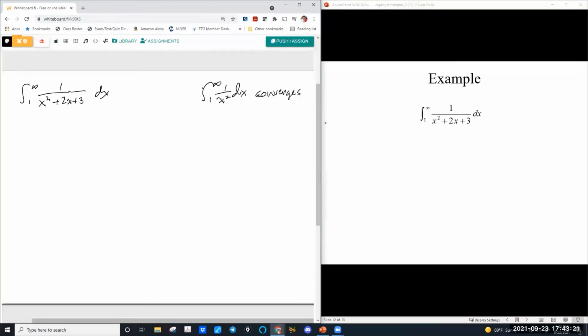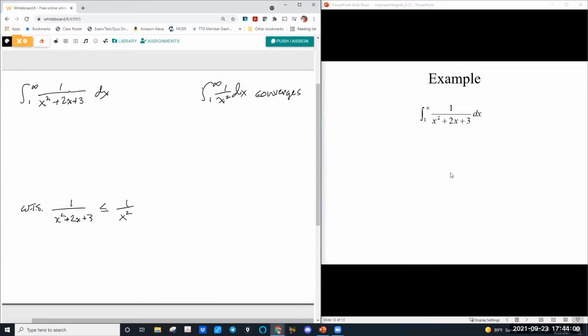So what we're going to be doing with the comparison test is writing not a formal proof, but a loose proof, 2 to 3 lines. We have to show that what we're saying is true. The way I like to teach this is to work in reverse. Want to show, so that's WTS. What is it I want to show? Start with that. You don't need the integral signs for this. 1 over x squared plus 2x plus 3 is less than or equal to 1 over x squared.